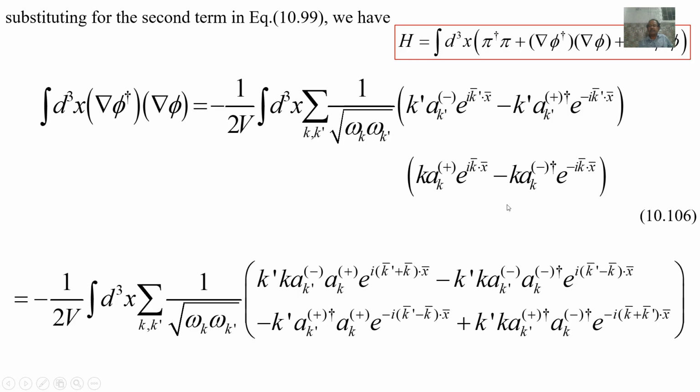So now the first term with the first term becomes k prime a k prime minus, e power i k prime x. Then multiplied with e power ikx, that will give you e power i (k prime plus k)x. The remaining thing I have written exactly like this. So you have k prime k a k minus k a k prime minus k a k plus.